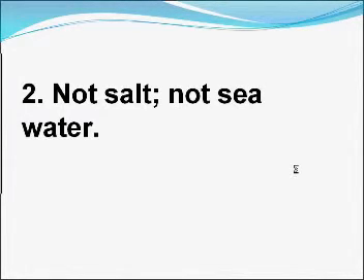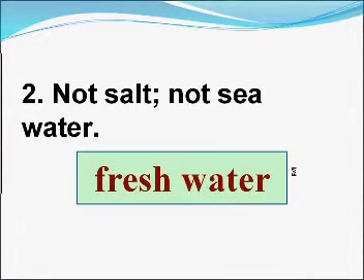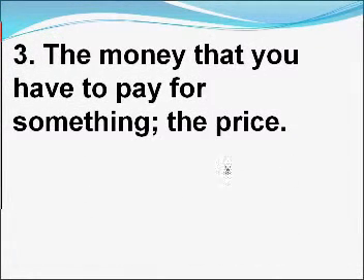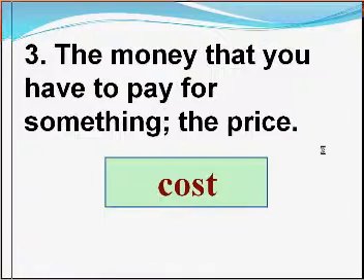If you have water that is not salt and it's not seawater, we call that fresh water. Very good. Number 3. The money that you have to pay for something, or the price. Another word for the price. Very good there. Cost.